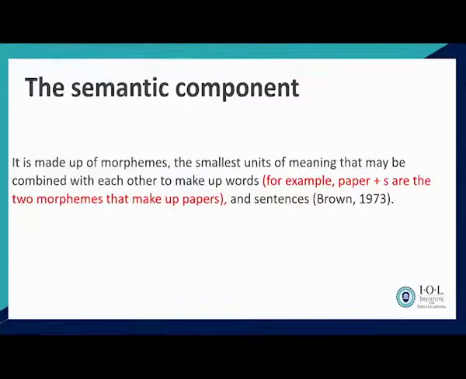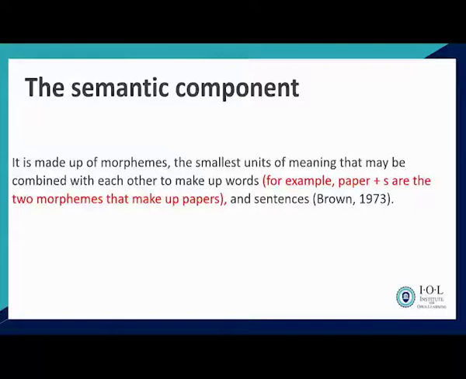So morphemes are small chunks that, if you add them to another word, either mean something different, or they perform important tasks in the language. And that's semantic. They change the meaning of the word just by adding them to it.